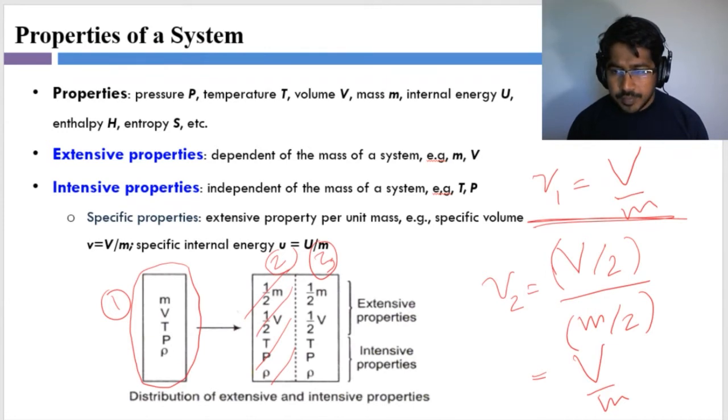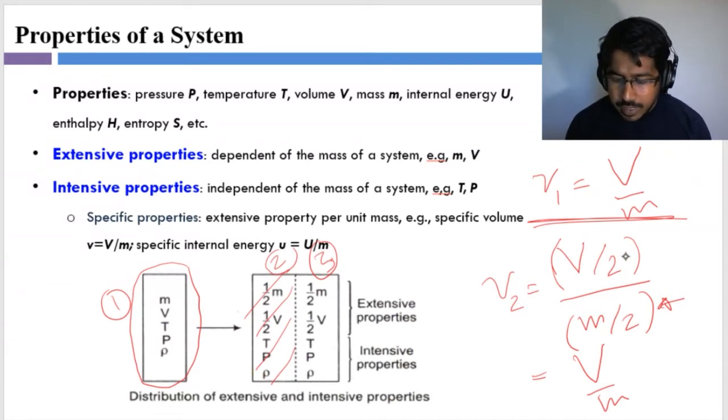Kali, are you there? Okay. Now, do you agree that the new mass is M over 2? Perfect. Now we calculate the specific volume, and we substitute V over 2 as the volume and M over 2 as the mass.